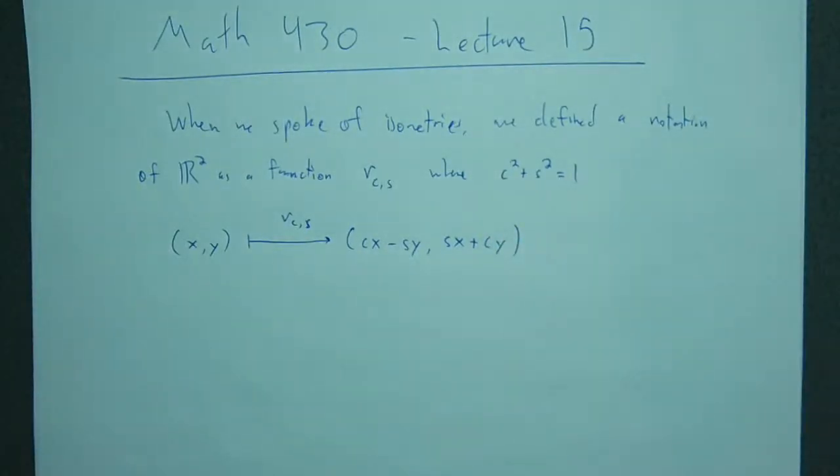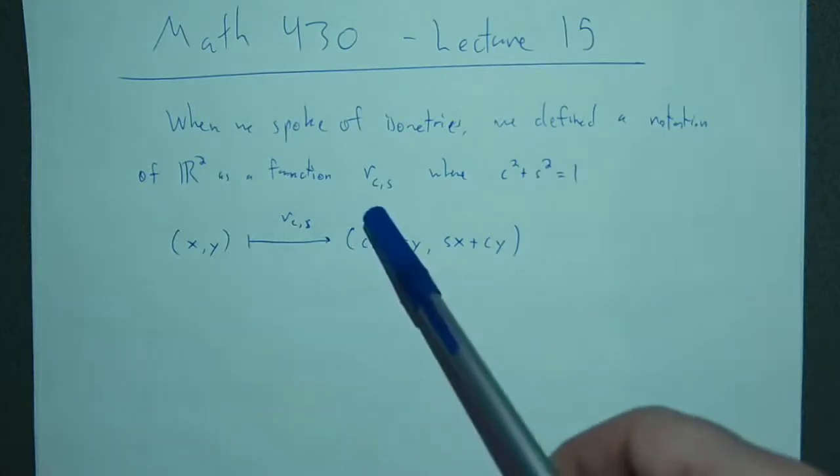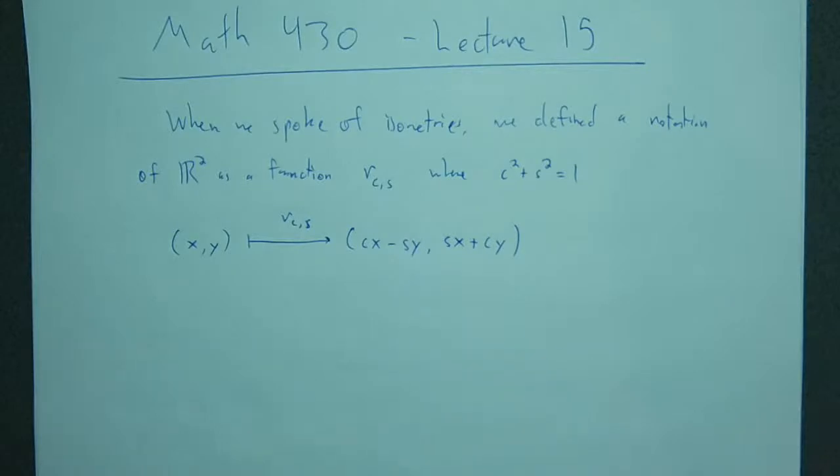Okay, and so we saw that this was a pretty weirdly described thing, but when we did this, we saw that not only was this an isometry, that's one of the things we proved, but also this actually was the rotation that we thought it was, right? So we drew a diagram to see how the unit circle was transformed by this, and it did exactly what you thought it would do. Even if it didn't look immediately like that's what it was doing, that's exactly what it was doing.